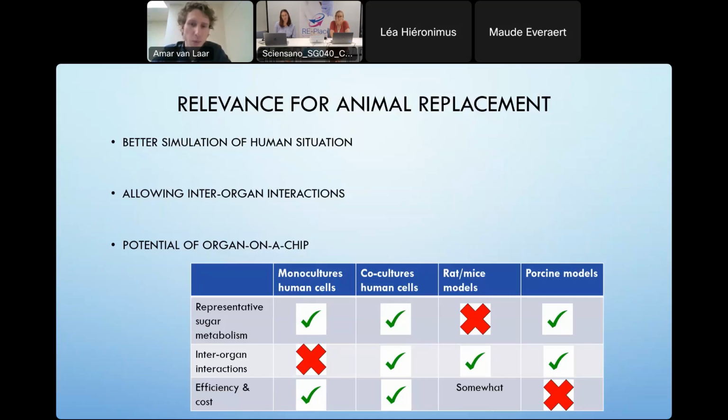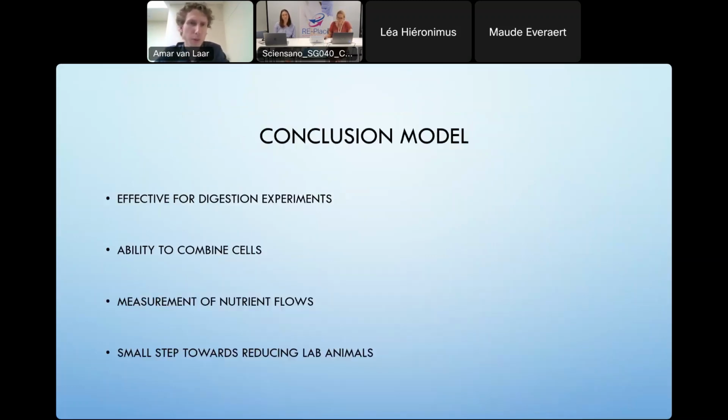If you would now use human organoid models, which are like 3D organs outside of a body, and also incorporate the aspect of inter-organ interaction by using an organ-on-a-chip approach, then you can have a really good model also in vitro that can really compete with those animal models. And these kinds of developments that we are working on are relevant to finally get to such models.